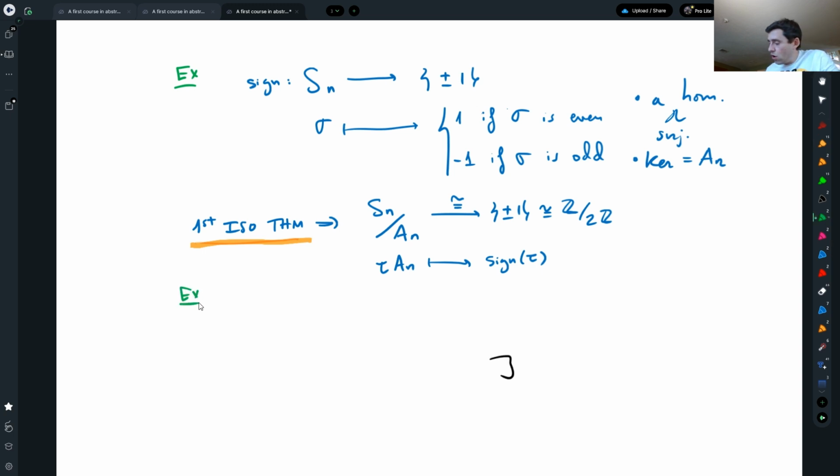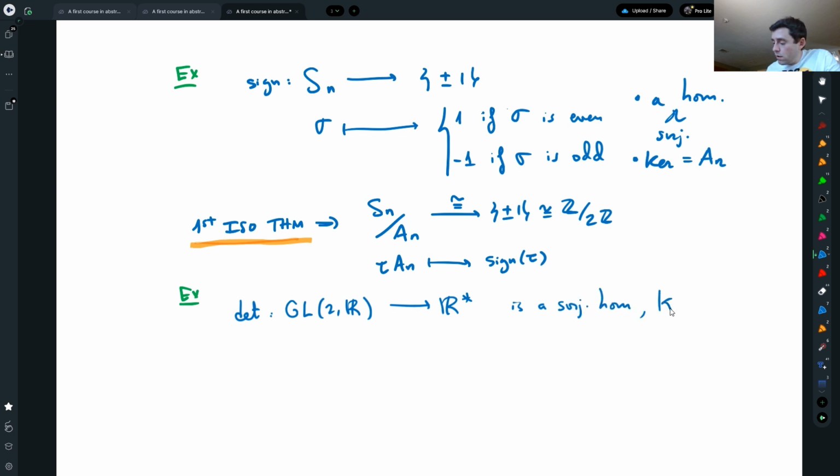Similarly, we also saw that the determinant map from GL2R down to R cross is a surjective homomorphism.